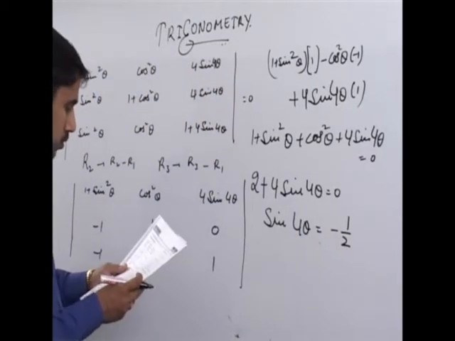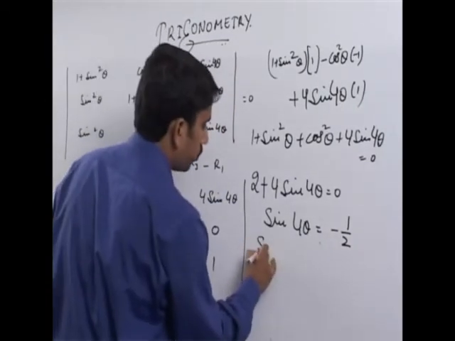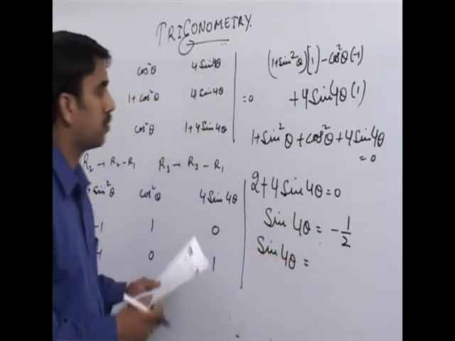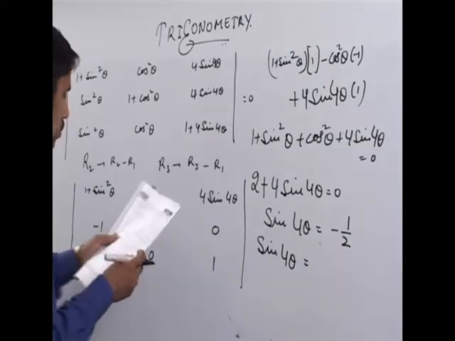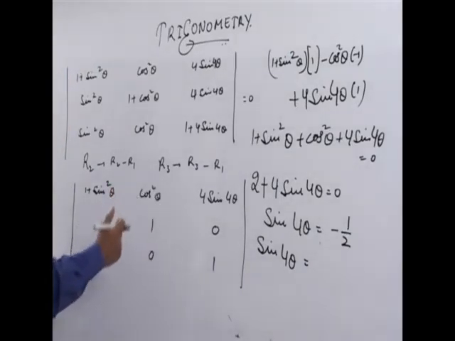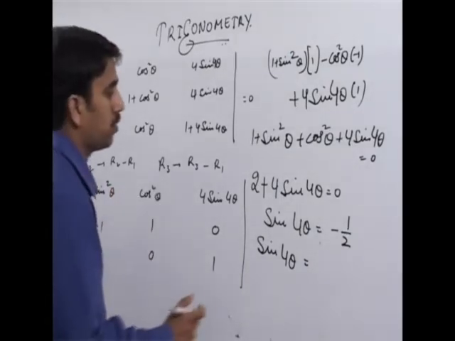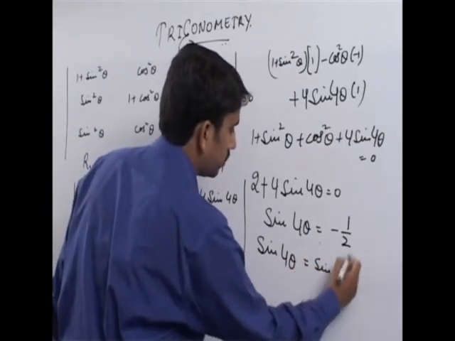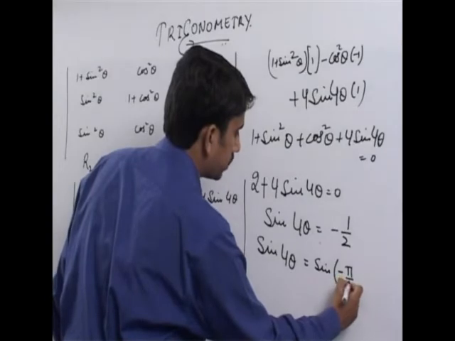Now this will give you sine 4 theta equal to sine of minus pi by 6.